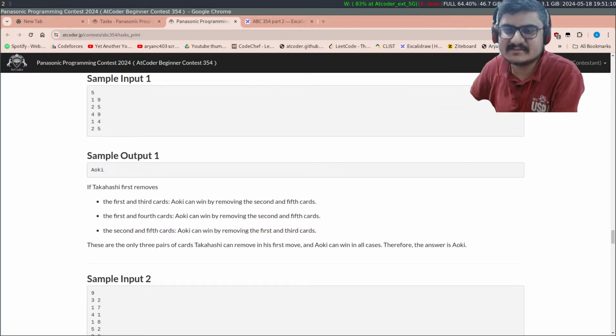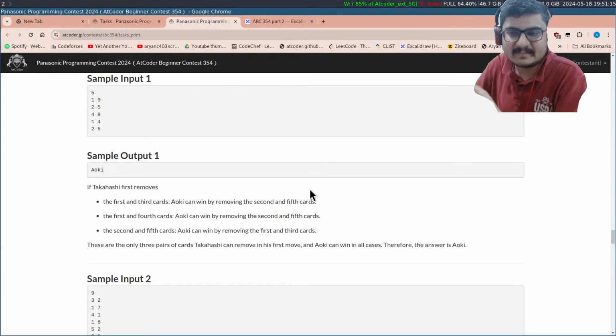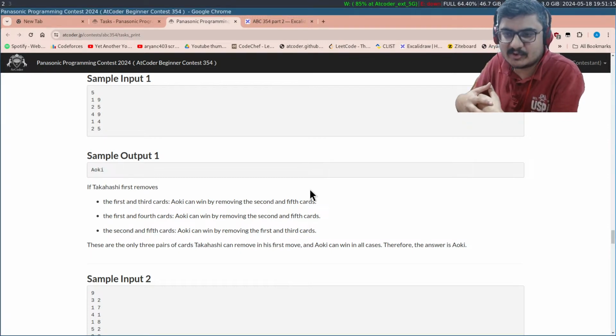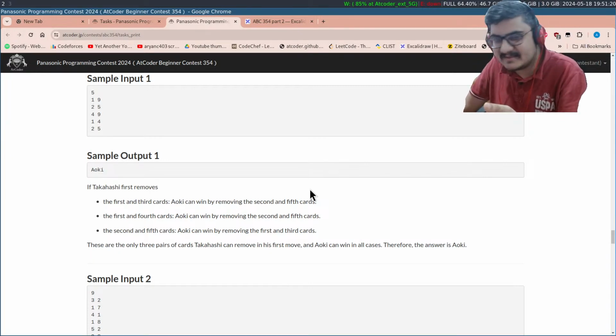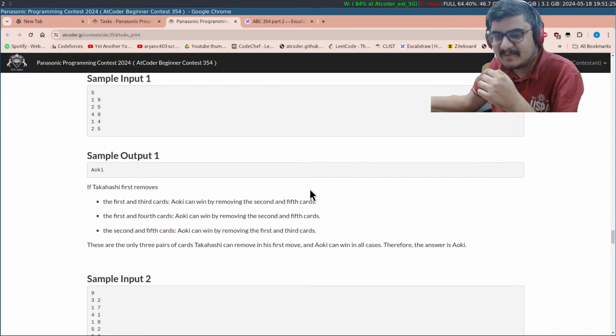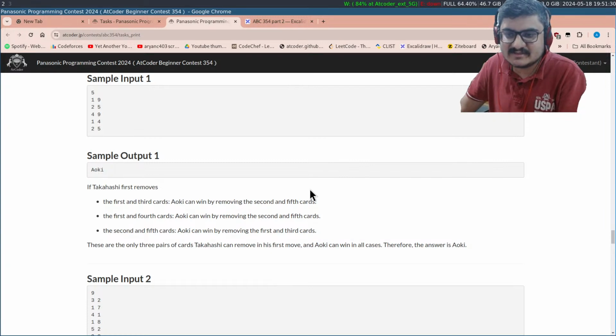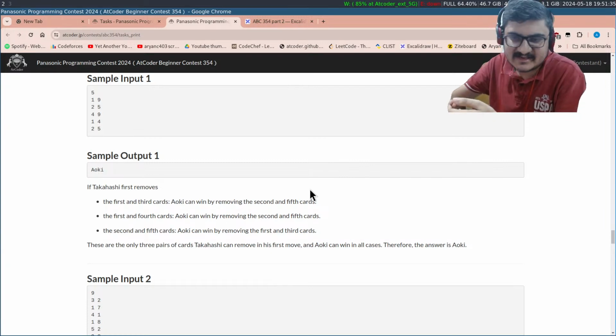That is essentially the minimax algorithm in game theory. I am the one who is going to play. I look at all the possible choices I have and see if I play this, can I ensure that the other player who is going to start loses? If I have such a move, then I will definitely play that move and win. Otherwise, irrespective of whatever I play, the second player will have something that ensures he or she wins.